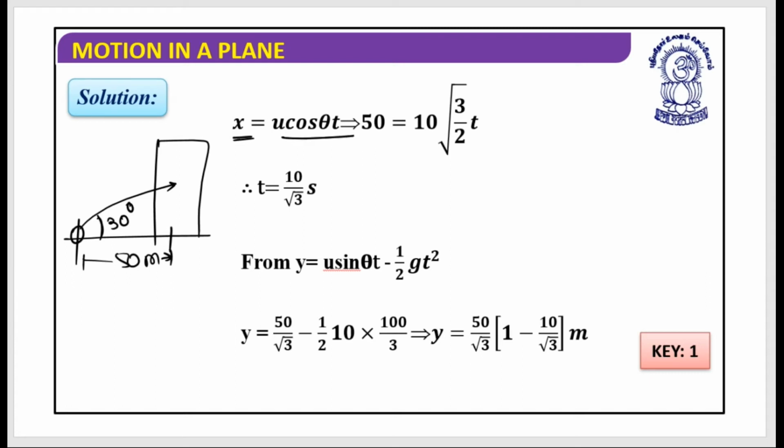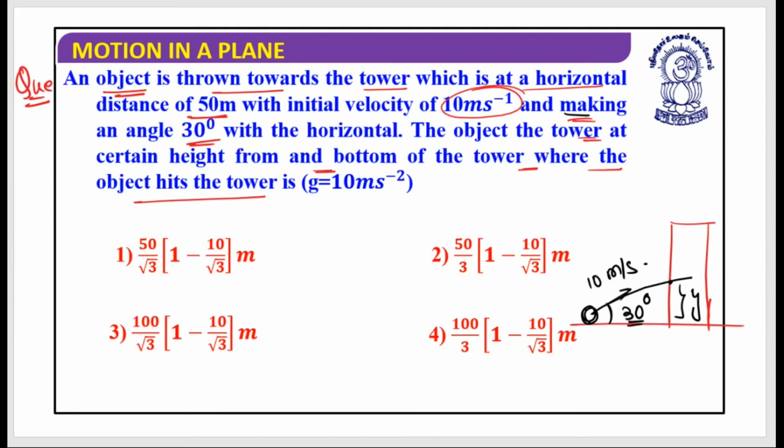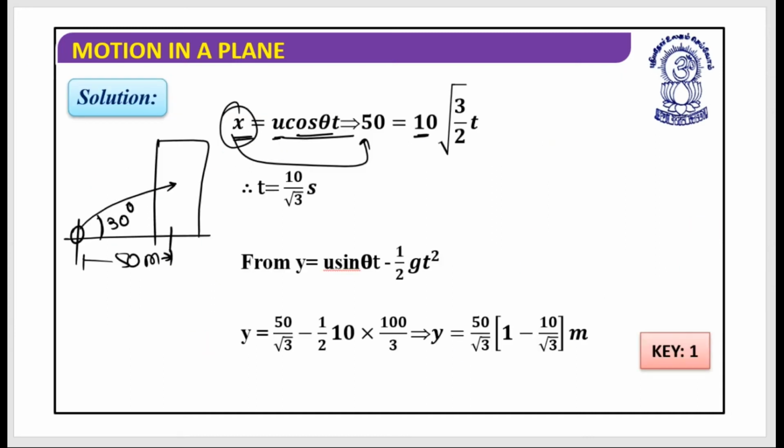So X equals u cos theta into t, and the value of X should be replaced by 50. So 50 equals u, that is 10, multiplied by cos theta. Cos 30 is root 3 by 2, multiplied by t. So t is equal to 10 by root 3 seconds.